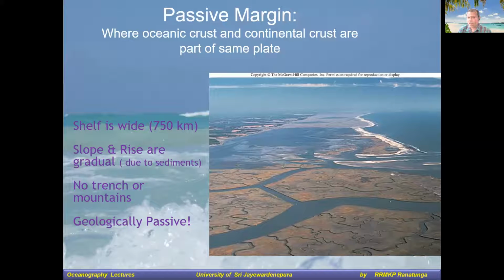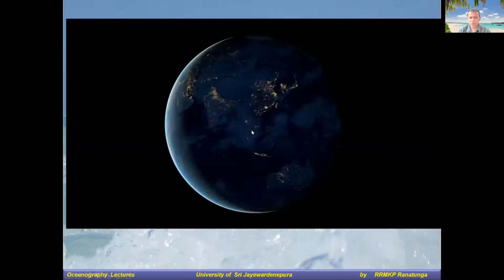Right? You will never see a trench along these coasts, and they are geologically passive, no volcanism in these areas. Right? So that difference you can see. Okay, there's a small video. We will watch that one and we'll get back.